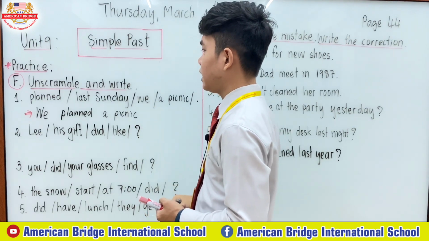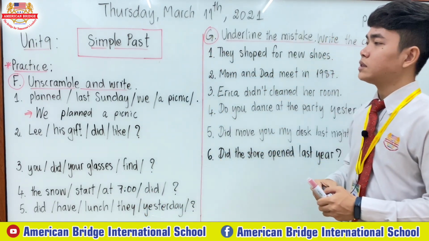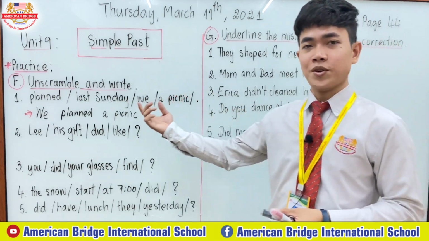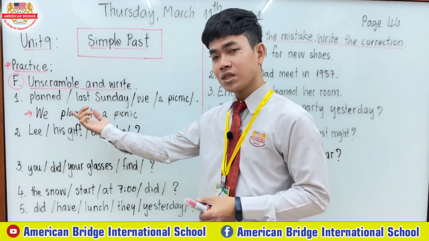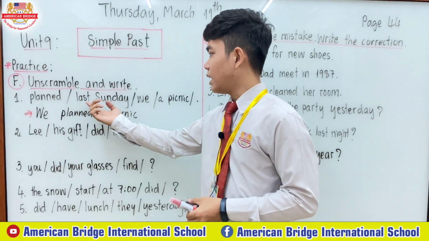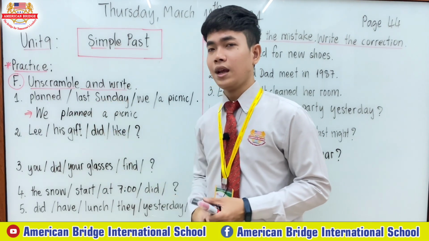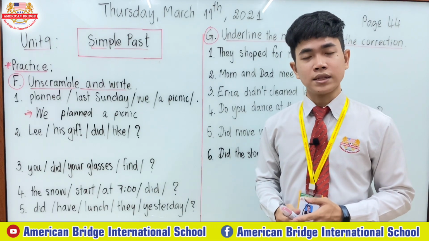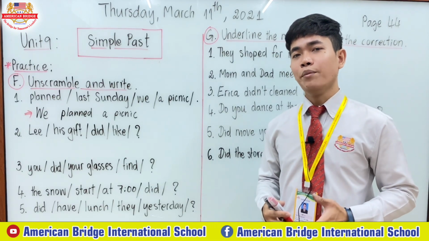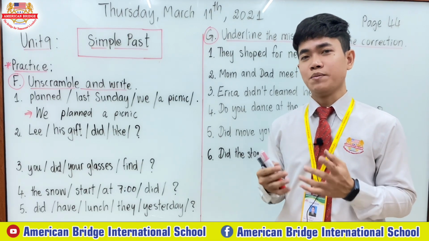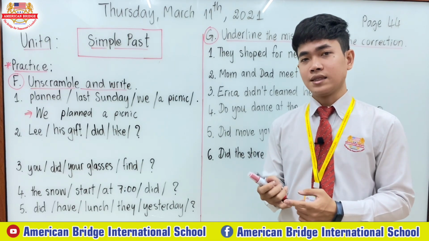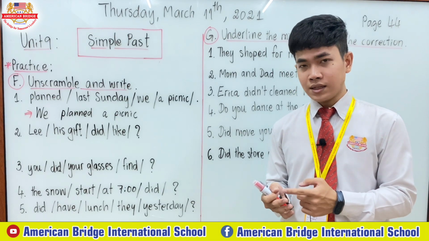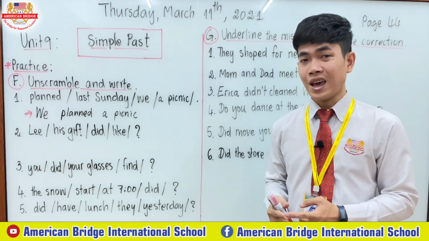We planned a picnic. And in our sentence, we also have the time expression. So where is the time expression? Here, right? Last Sunday. Last Sunday is the time expression for the simple past. As we have learned already, there are many time expressions in the simple past, such as last Sunday, last Monday, yesterday, in 2010.